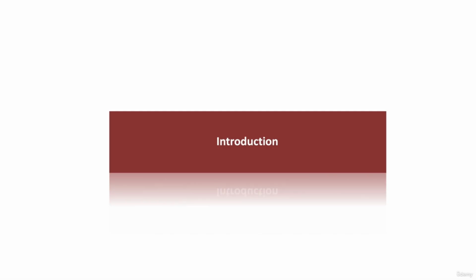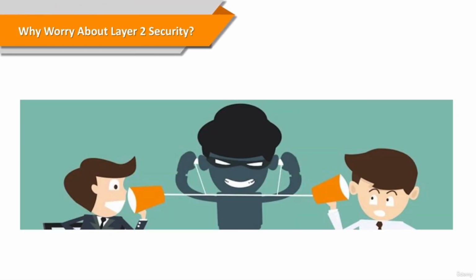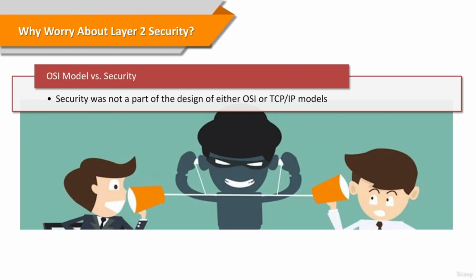So let's talk a little bit about network and data link layer security. Why is it important, and how can we classify the network layer attacks? When the OSI model was introduced, there was no thinking of any type of security. Security just wasn't part of the design of either the OSI or TCP/IP models.